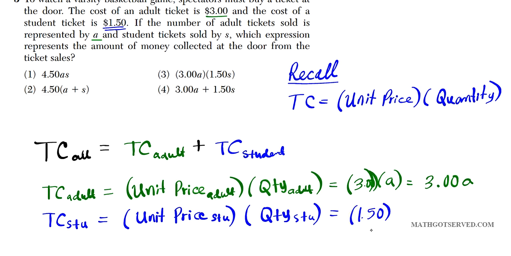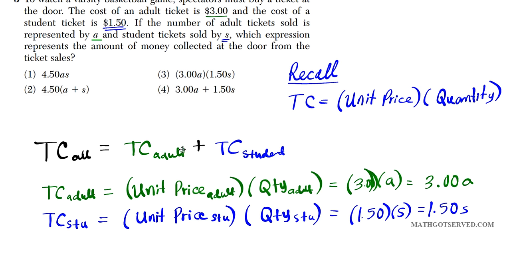How many student tickets were sold? Student tickets sold is given by S. So $1.50 times S gives us the total cost of student tickets. Multiplied together, you have 1.50S. Okay, so what is the final result? Total cost is going to be the sum of these two.